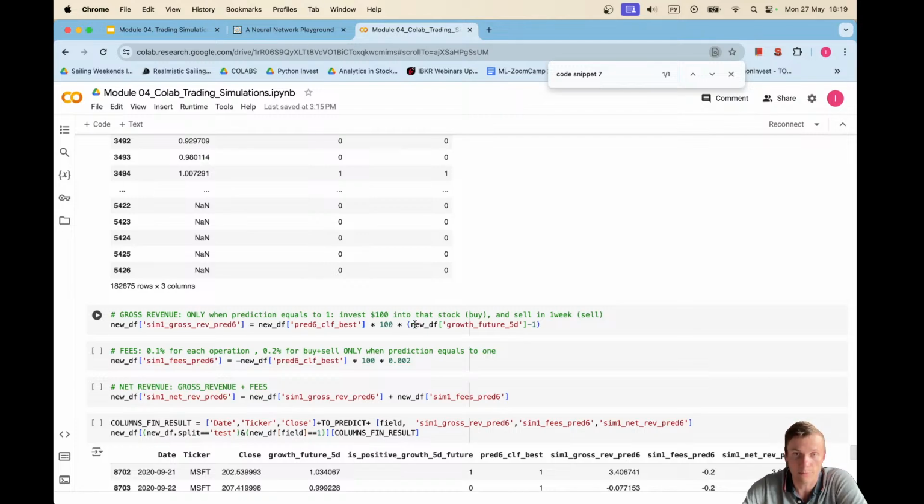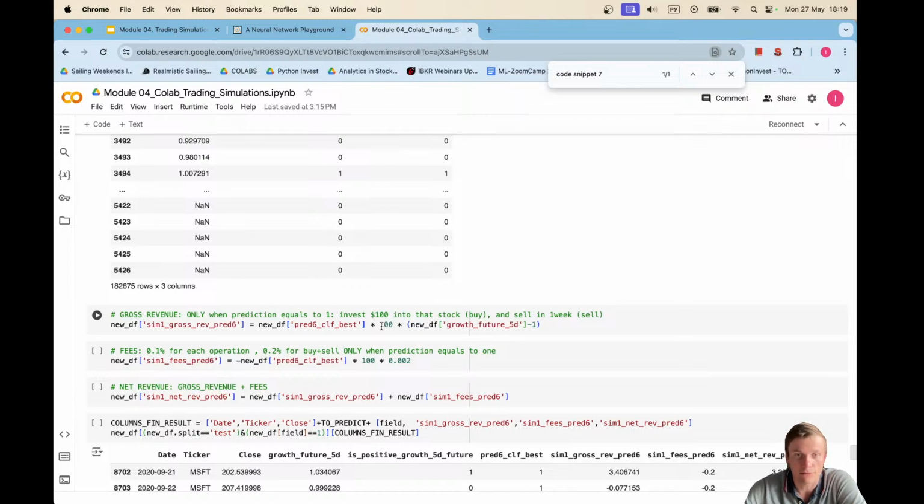If the growth was minus 3%, you will have minus $3. So in the end, you have a gross revenue that equals a vector of values, and this vector is 0 for all cases when prediction was 0, when we didn't trade, but it equals the actual financial result, positive or negative, when we traded for $100.